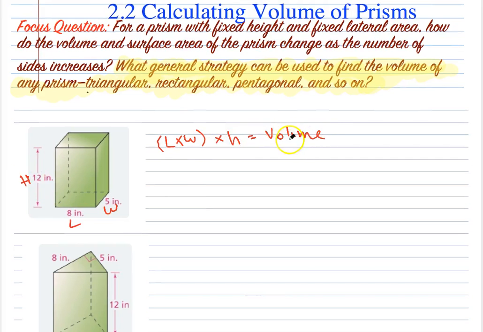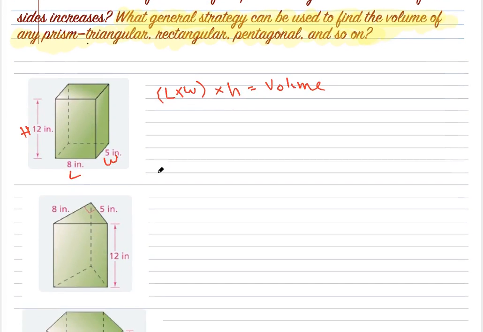Now, much is the same with what we're going to do today. Nothing really changes except for this part down here, which is the base. This first two make up that bottom section down there. That's what is length times width. This is our base.